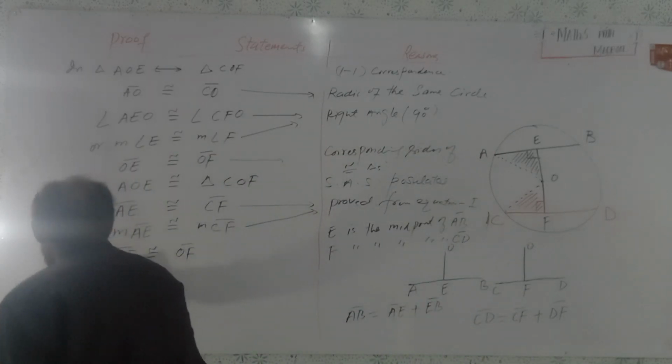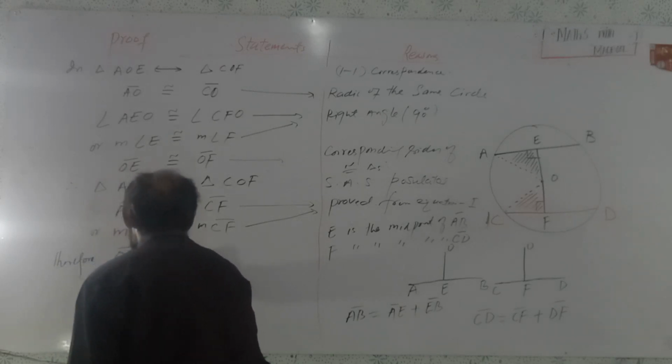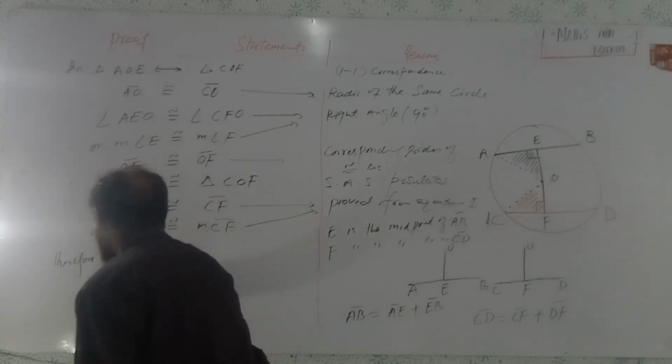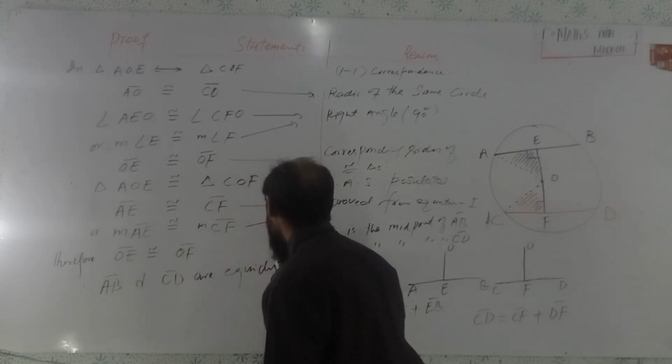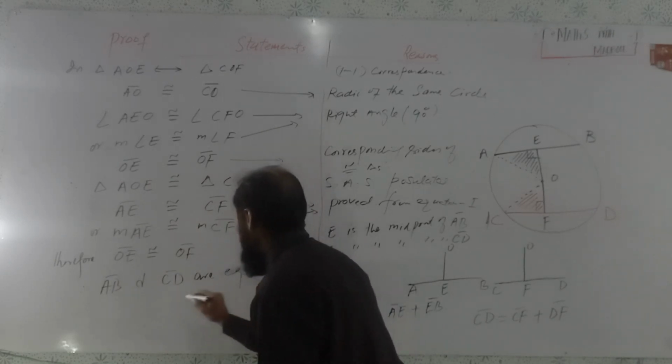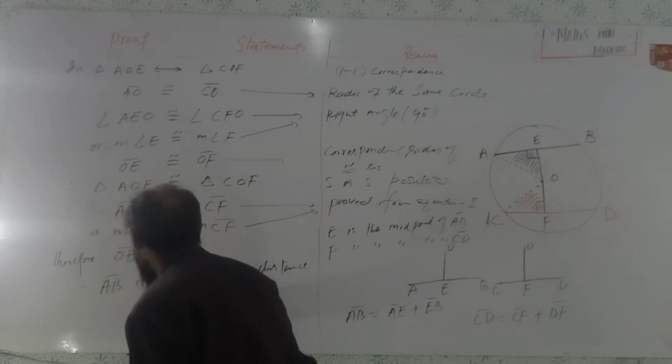So the chords AB and CD are equidistant from the center of a circle.